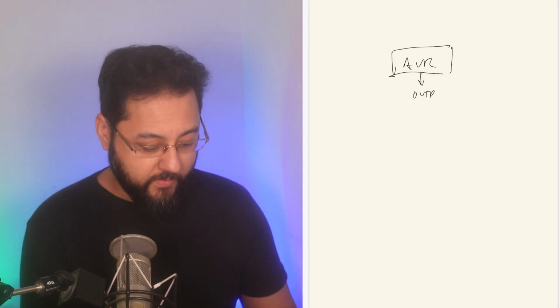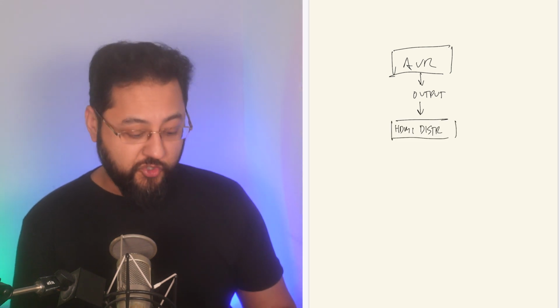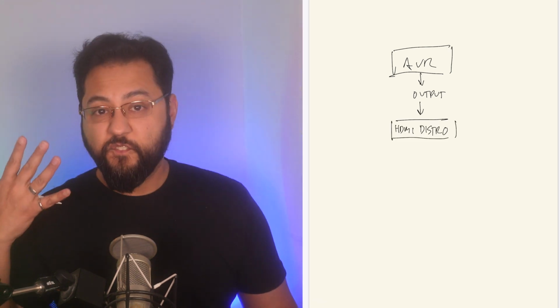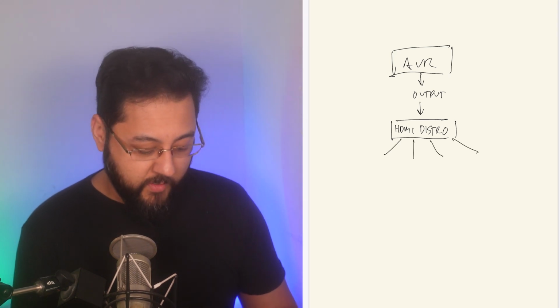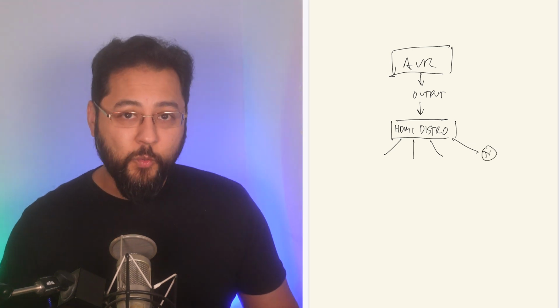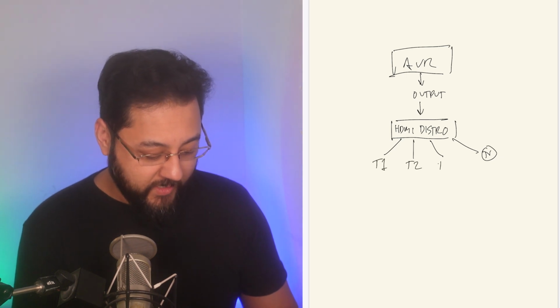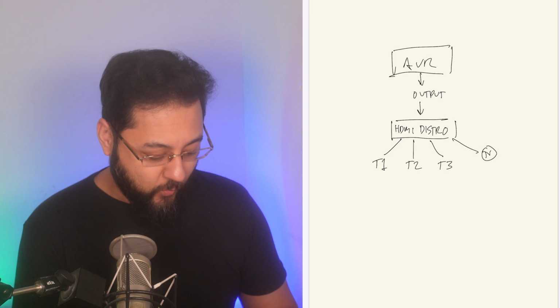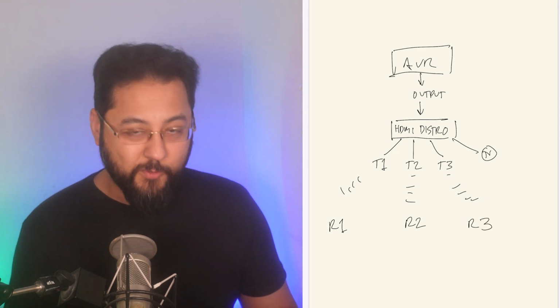So let's go back to my AVR. Take its output. We'll pop that into an HDMI distribution hub. Let's say it's got like 4 HDMI outs. 1, 2, 3, 4. One will go to the TV. Okay, that's great. And the others would need a dedicated transmitter. So transmitter 1, transmitter 2, transmitter 3, and that would wirelessly connect to receiver 1, receiver 2, receiver 3.